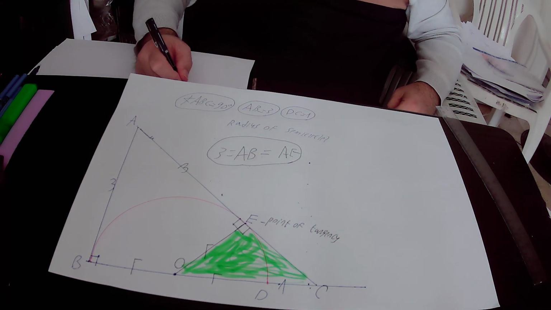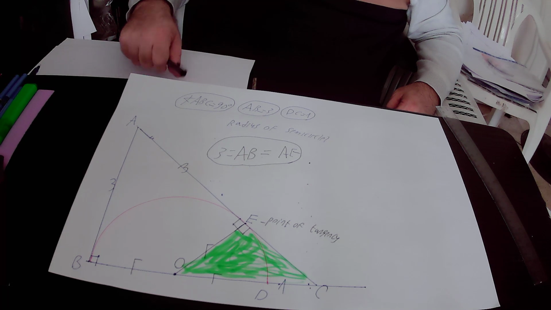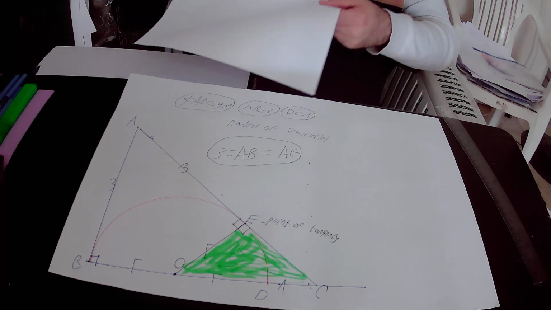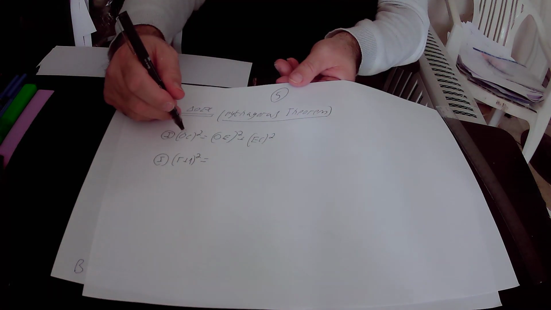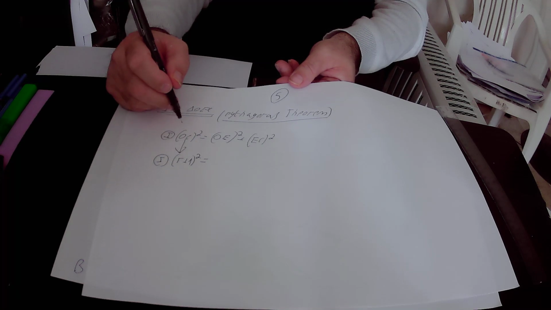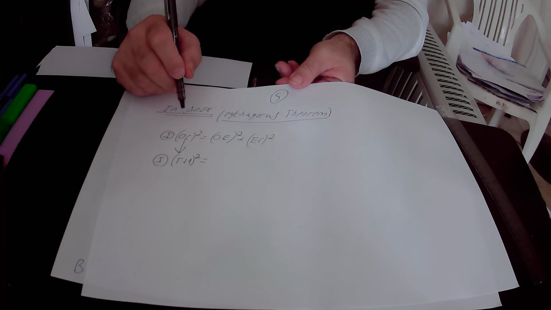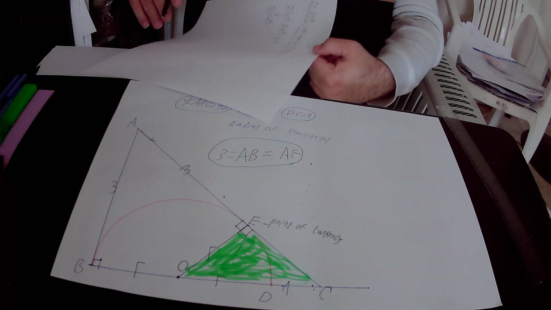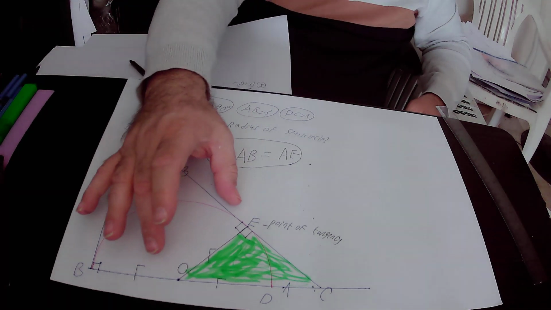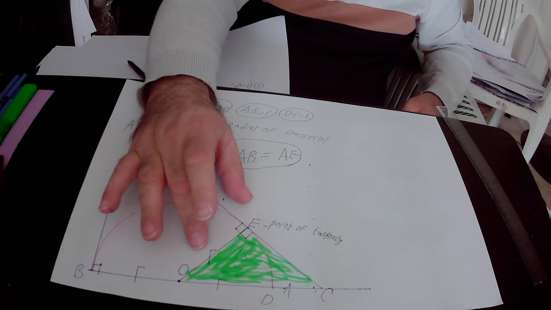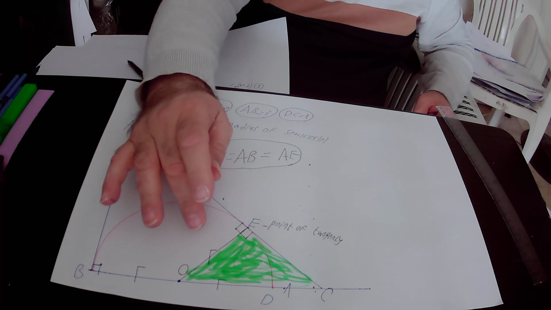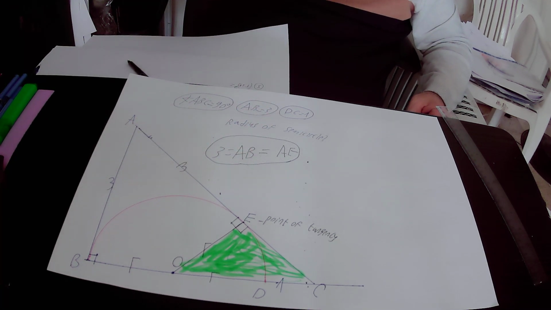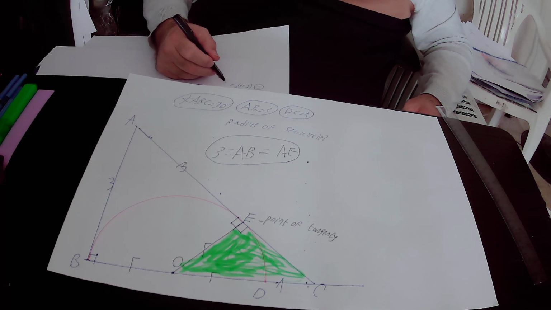If OC equals R plus 1, then OC square will be equal to R plus 1 square. And what is the value of OE? As you can see from the drawing, the value of OE is R. It is the radius of this red semicircle. And so OE equals R, so OE square will be equal to R square.